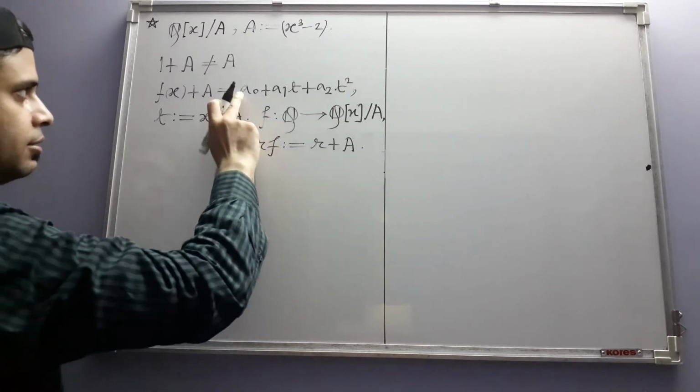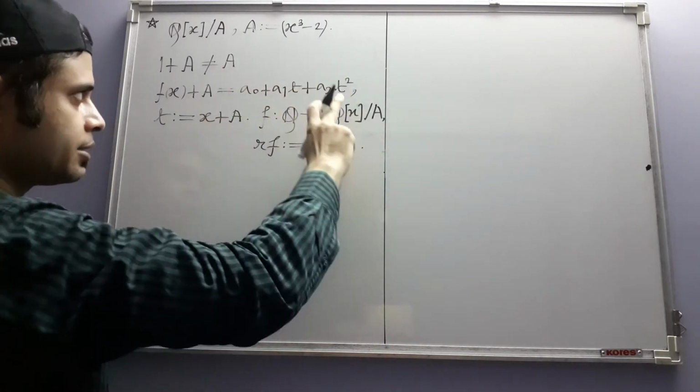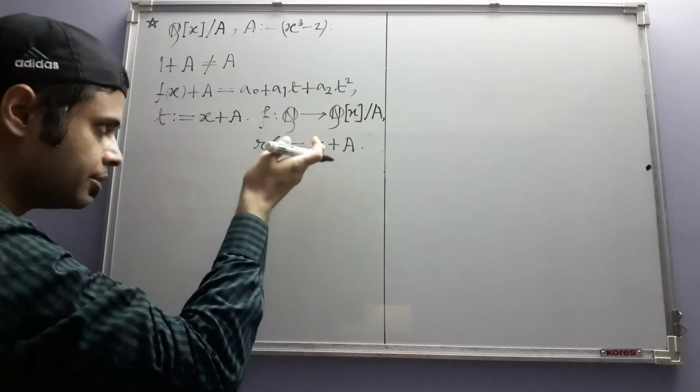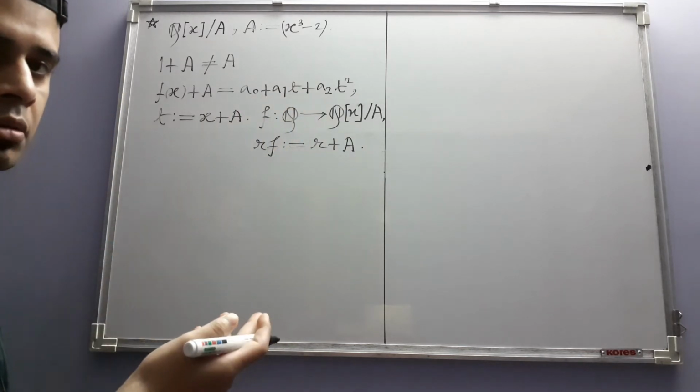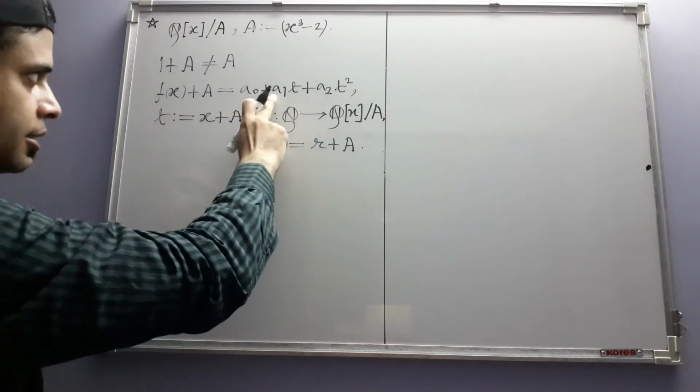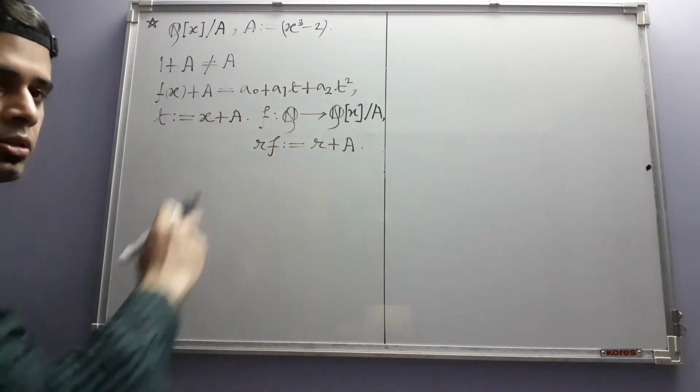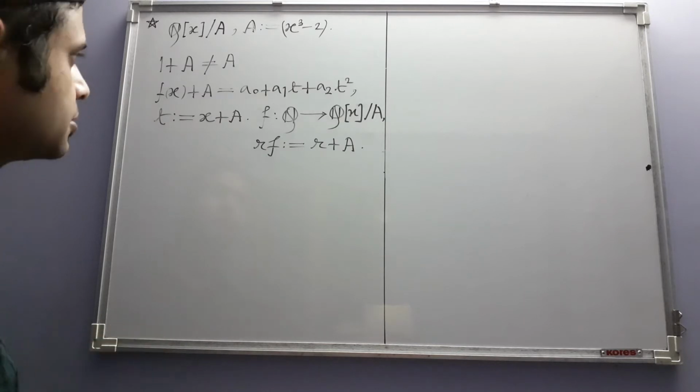So the true meaning of this expression lies in this identification, that a1 is really a1 plus A. So this product is actually a product of two cosets and things make sense.